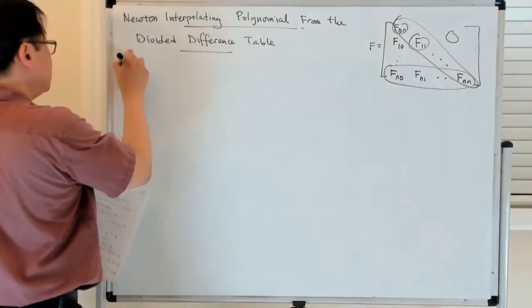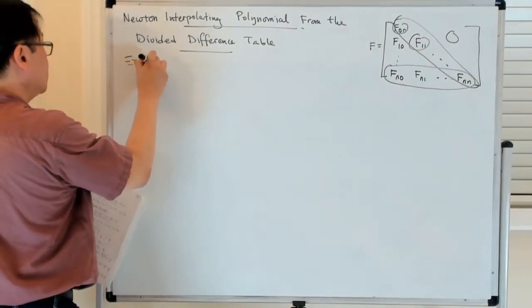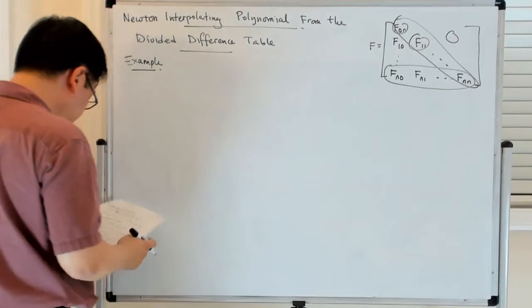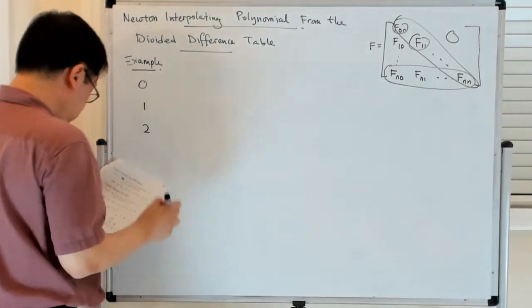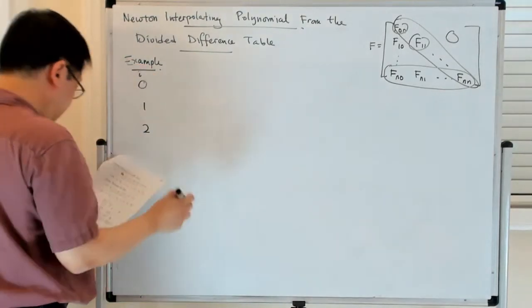So let's look at an example, and I'm going to compute the divided difference table associated with this as well. So 0, 1, 2. This is the i, if you will.